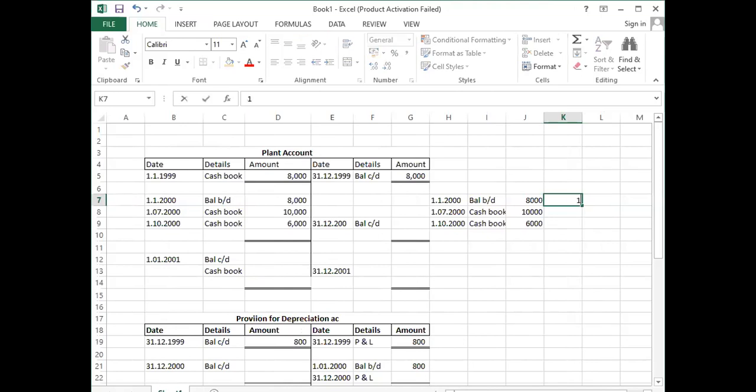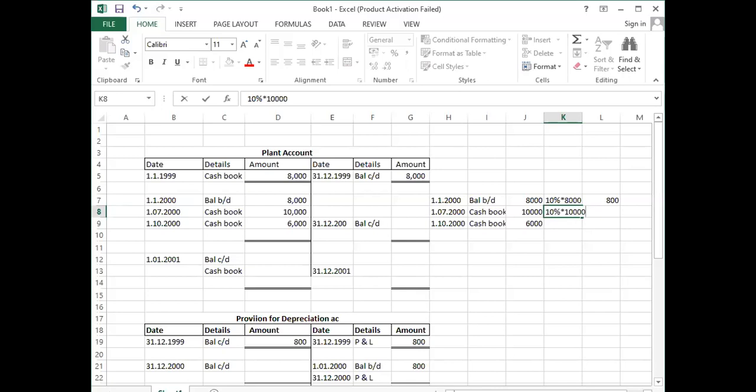What will be the depreciation of the second machine? This 800, we simply say 10%, right? Multiplied by 8,000. What will be the depreciation for the second one? Remember, this will be 10%, right? Multiplied by how much? 10,000, right?